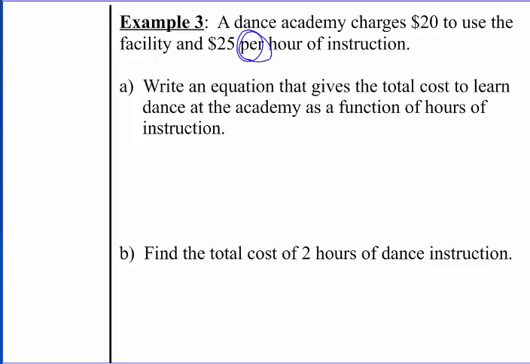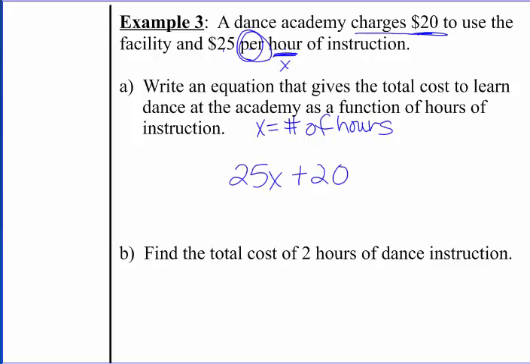Whatever comes after it, that's what we're going to identify as our x variable. So in this case, x is number of hours. And then we're going to do a direct translation. So it's 25 per hour, that means 25 times x, and then they charge an additional $20. So that is going to equal y.